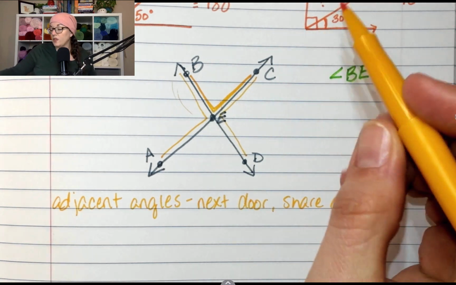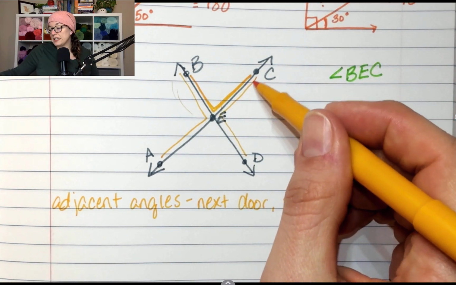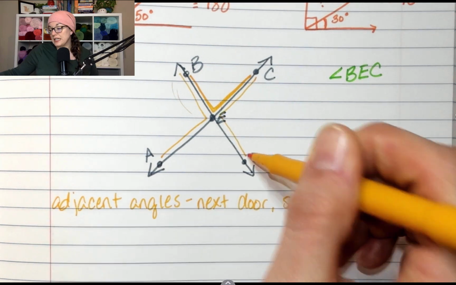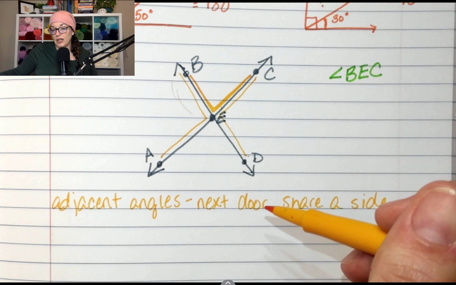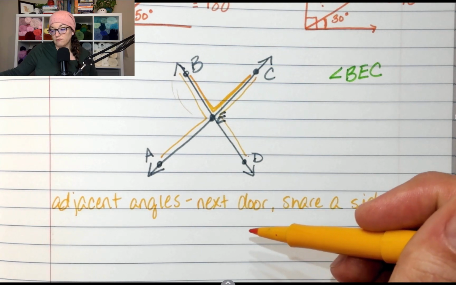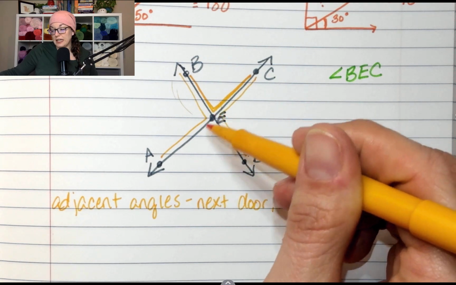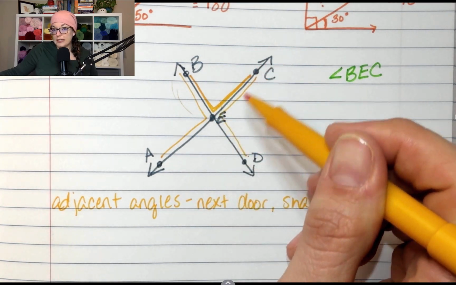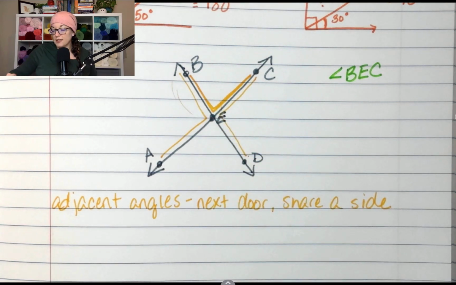If I gave you angle CED, it is adjacent to what other angle? CED can be adjacent to DEA or CEB because they would share those sides.